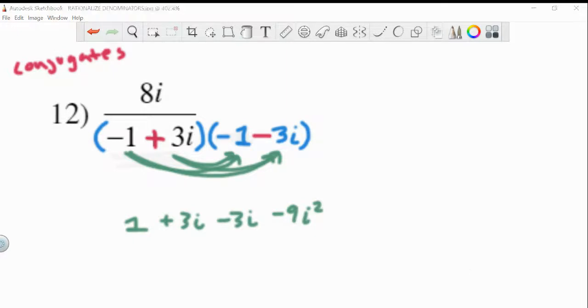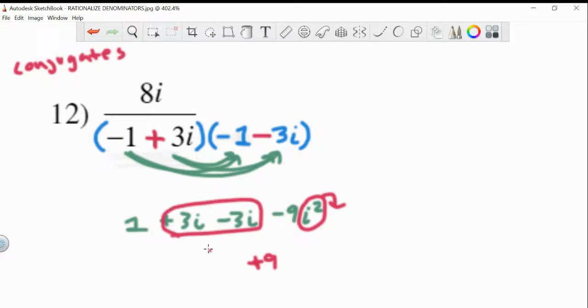And this is exactly what we wanted, okay? This i squared is going away. That's going to get swapped out. That's going to make a +9, because it was a -9. And then all of our leftover i's actually are not going to be left over, because we have a +3i and a -3i, and those two things are going to cancel out.